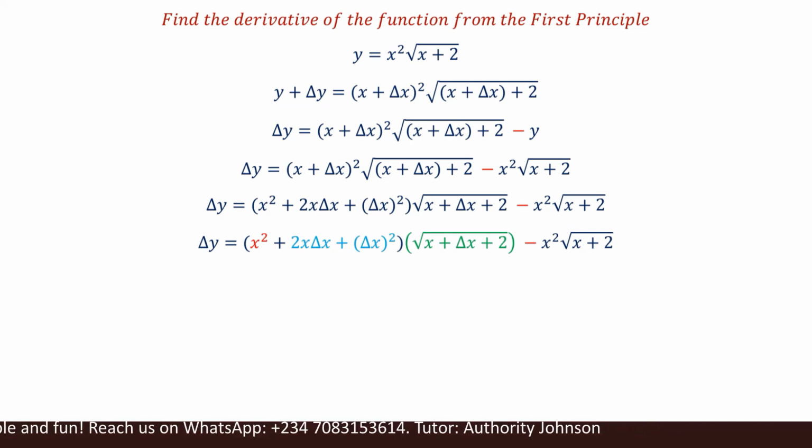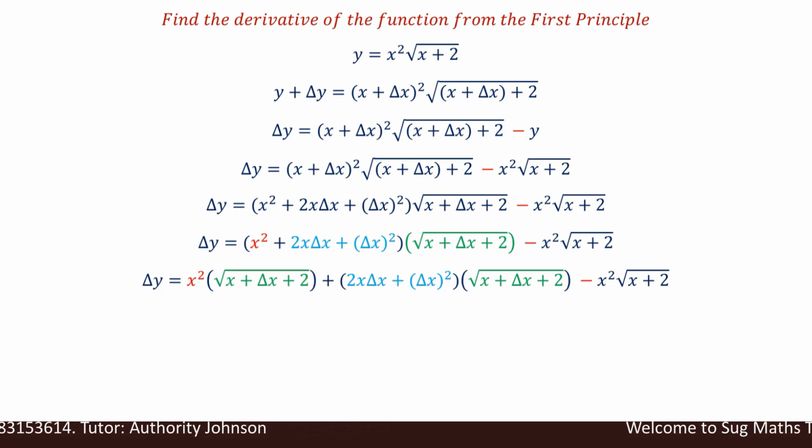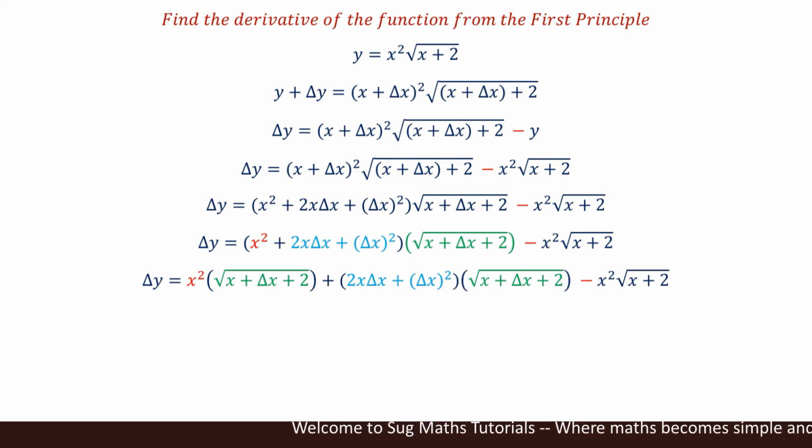Look at what I mean. I'm going to have this root multiplied by x squared the first time. We're going to have x squared, then square root of x plus change in x plus 2, then plus. Now, the remaining terms multiply by the root. So that means we're going to have 2x change in x plus change in x squared multiplied by the root, which is square root of x plus change in x plus 2, minus the other one remains the same, minus x squared square root of x plus 2.